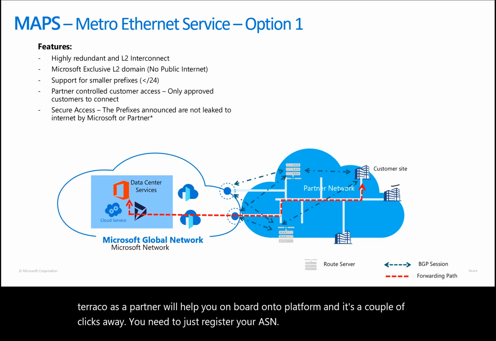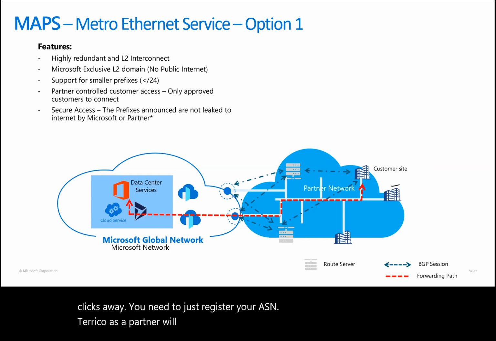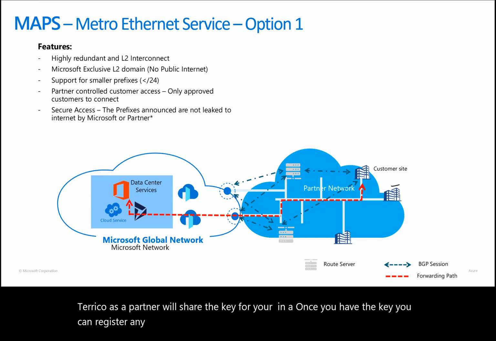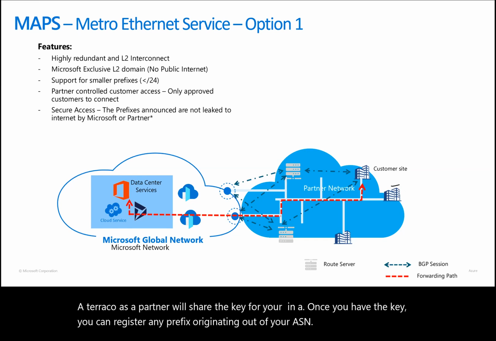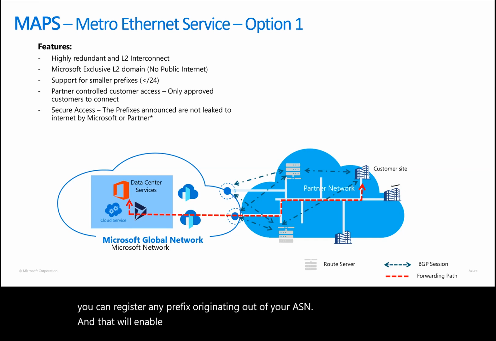Teraco as a partner will share the key for your ASN. Once you have the key, you can register any prefix originating out of your ASN, and that will enable the optimized routing on this platform. This we call option one.